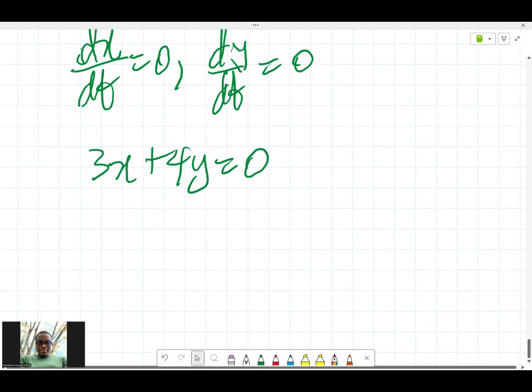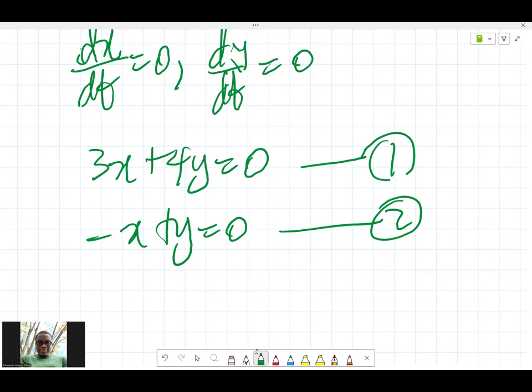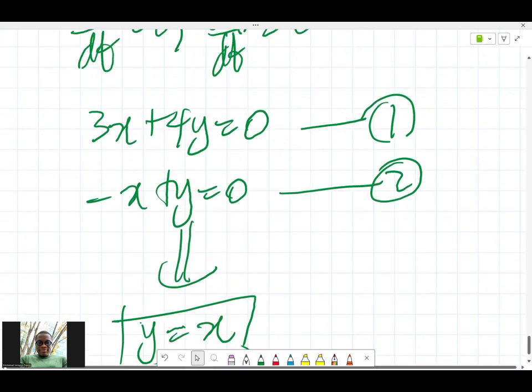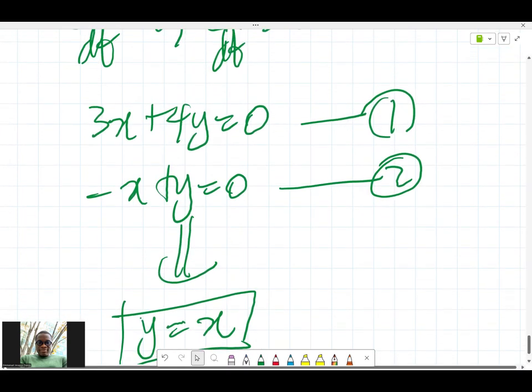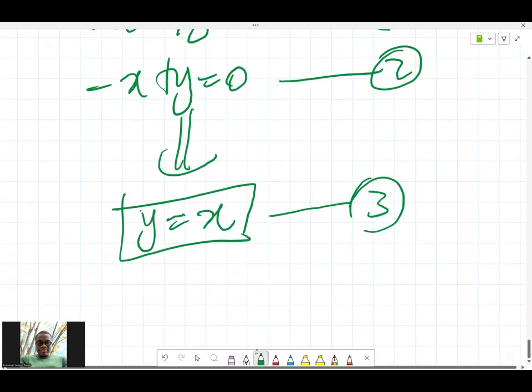Call that equation 1. Then we have minus x plus y equals 0. Call that equation 2. It's glaring from here that minus x plus y equals 0 simply means that y is equal to x. So y and x are basically the same. You can then slot that into equation 1.